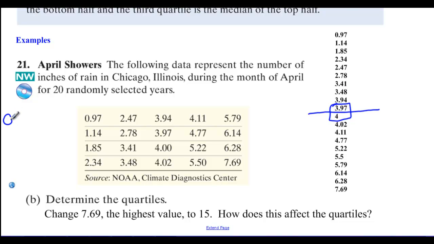So for Q2, because again, the median is Q2, we're going to do 3.97 plus 4 all over 2. So we've got 7.97 over 2, which is going to give us 3.985. So this is going to be 3.985 for Q2.